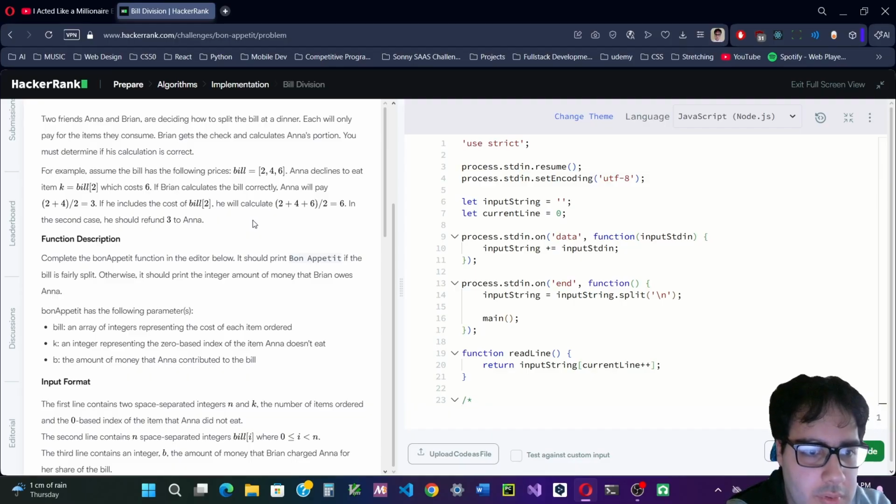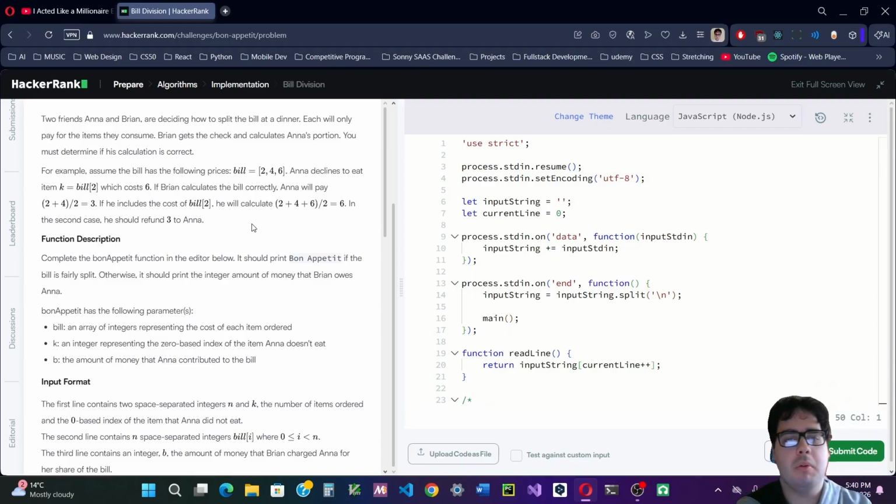You must determine if his calculation is correct. For example, assume the bill has the following prices: 2, 4, 6. Anna decides to not eat item k equals bill of 2, which costs 6. If Brian calculates the bill correctly, Anna will pay 2 plus 4 divided by 2 equals 3.